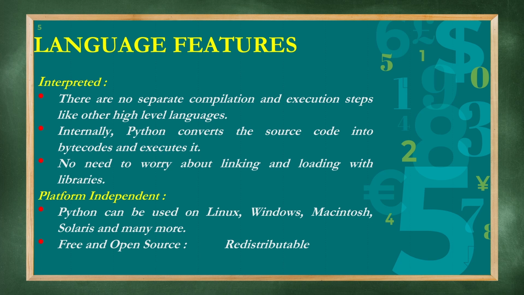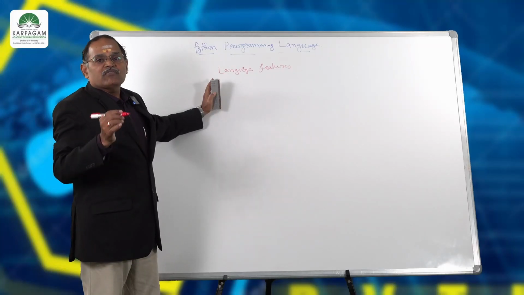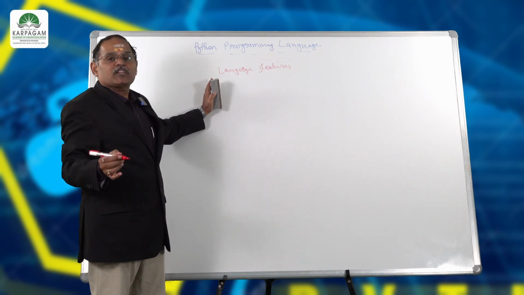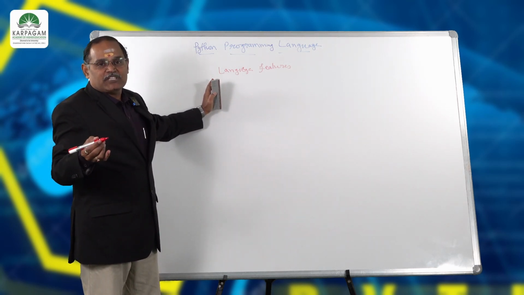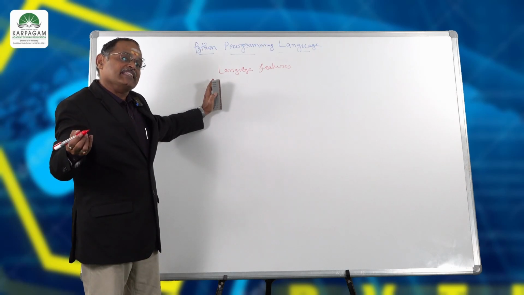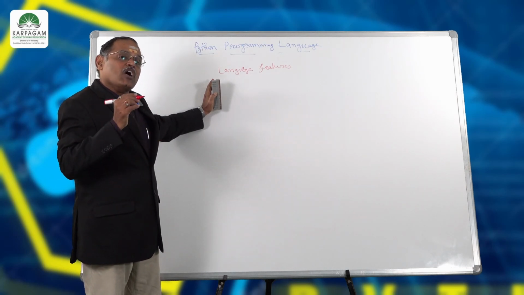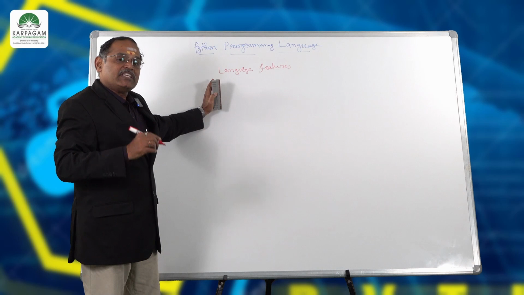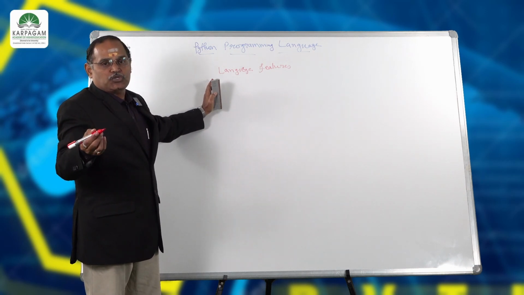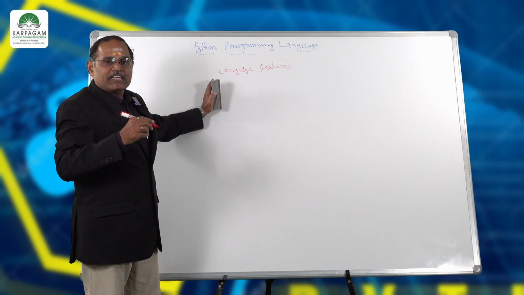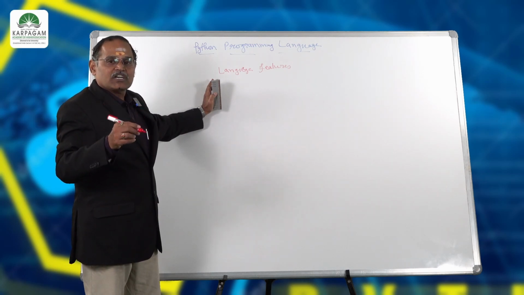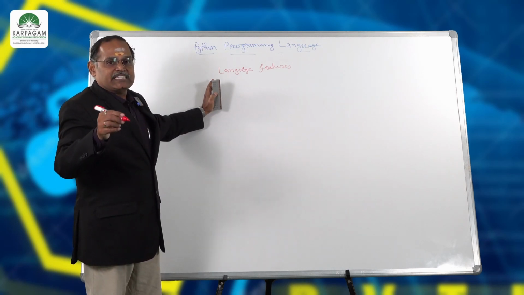In this we have interpretation. We don't have to work for compilation or interpretation like other high level languages like C, C++, Java or any other languages. The system or the Python will take care of the compilation and execution. Next, we don't have to worry about the inbuilt libraries.